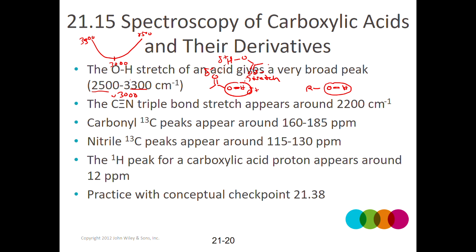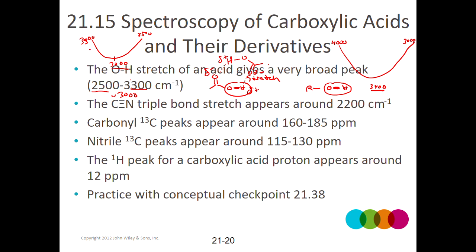So the covalent bond is stronger, it takes more energy to vibrate, and so that signal usually centers out around 3,400. So it might start up closer to 4,000 and go down to 3,000. So it's a key difference basically in the quantity of energy required to stretch the OH bond.